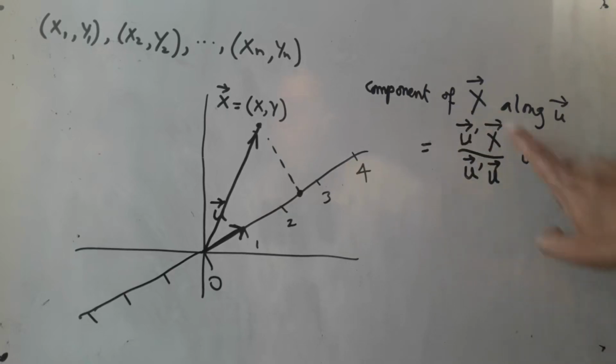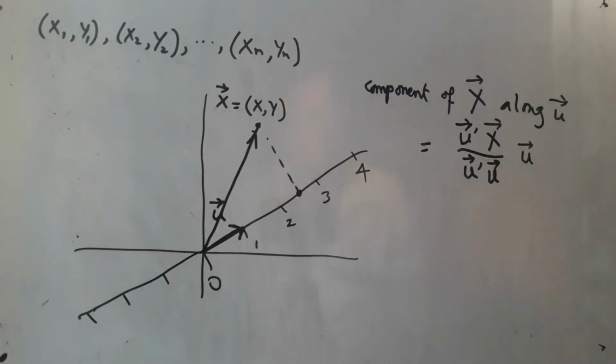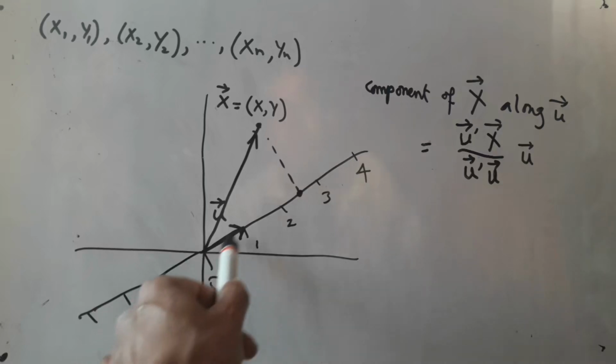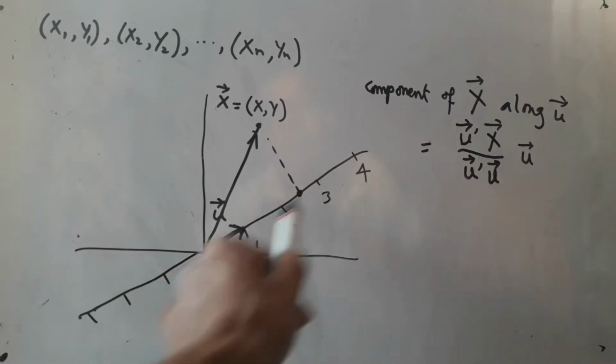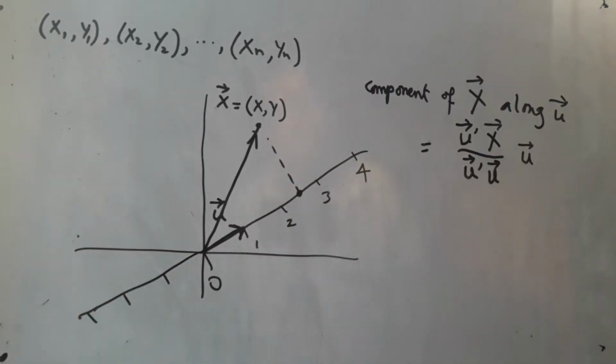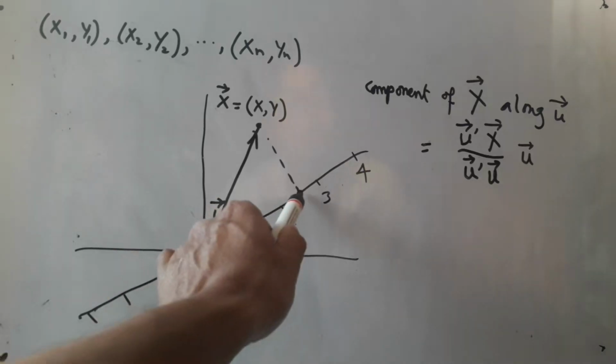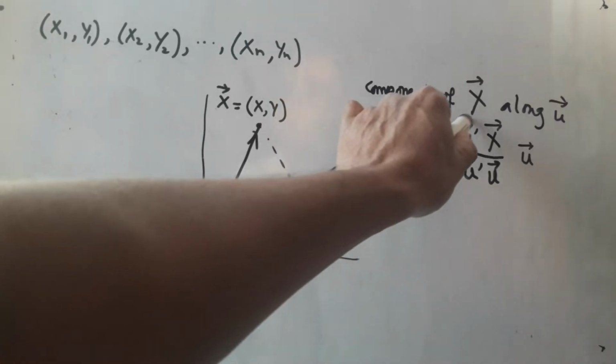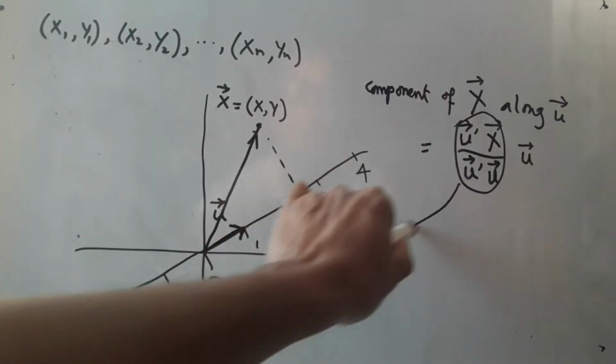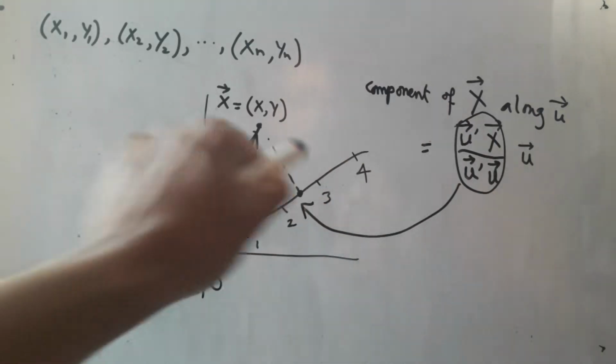This is a scalar, just a number, times the vector u. Now here, u is measuring 1 unit along the line. So when I measure in units of u, this is the number that I will observe in the scale. So this thing is what I will observe here.